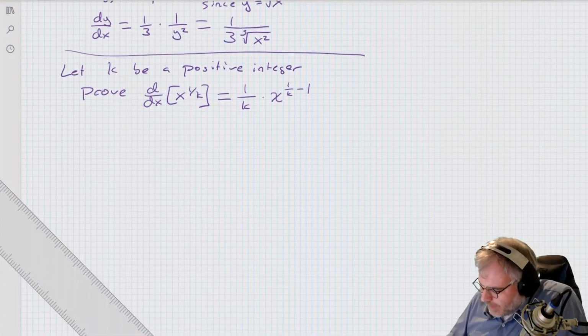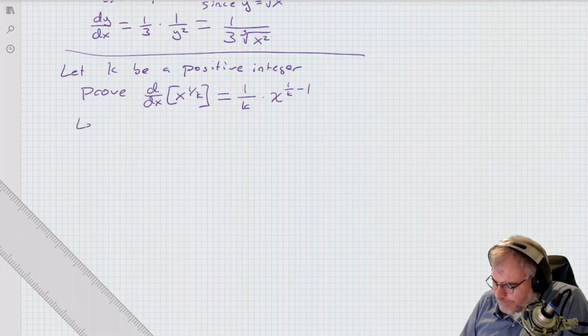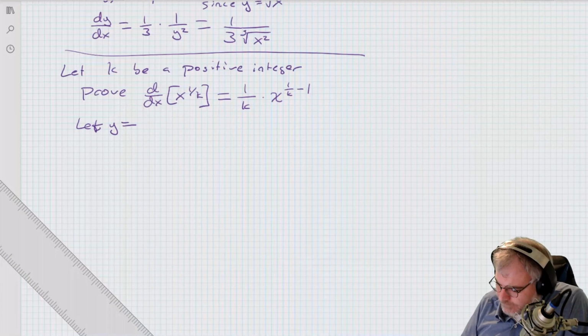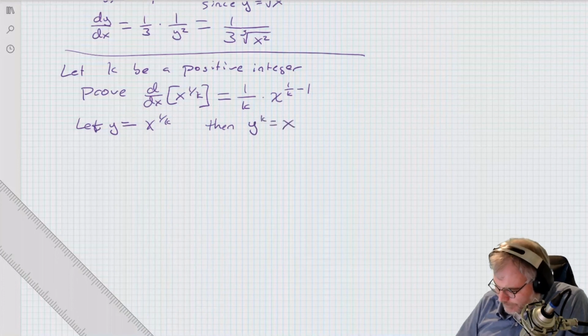Okay. Let's do it. So let y equal x to the 1 over k. Then y to the k equals x.